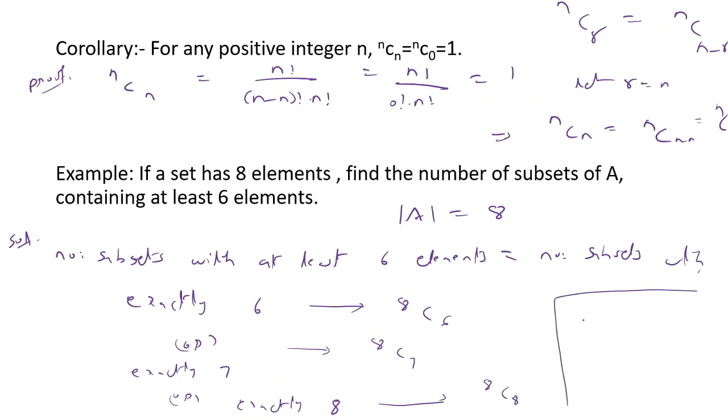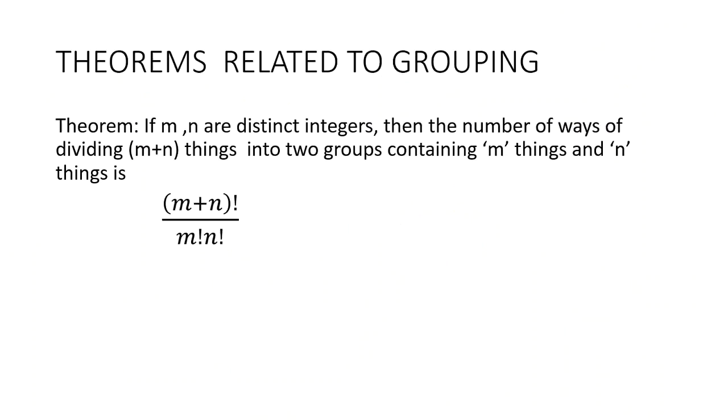So the total is going to be 8 choose 6 plus 8 choose 7 plus 8 choose 8. 8 choose 6 stands for selecting a subset containing 6 elements, 8 choose 7 stands for selecting a subset containing exactly 7 elements, and 8 choose 8 stands for selecting a subset with exactly 8 elements. So at least 6 means it can be either 6 or 7 or 8, or simply it starts with 6 and more.